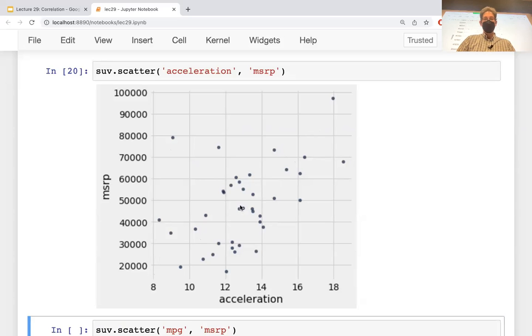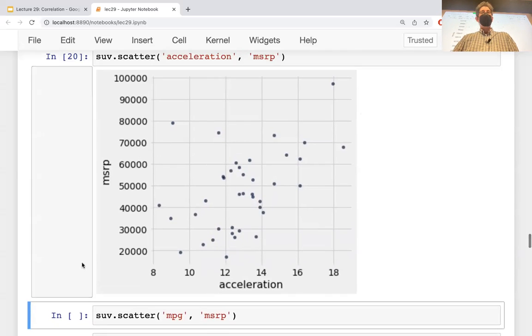Okay, but most of them seem to be kind of near a line that I would draw right around here, where among sport utility vehicles, the faster they accelerate, the more expensive they are. So that's one way to get rid of this discussion of size, is to take a bunch of cars that are all roughly the same size, at least they're in the same class.